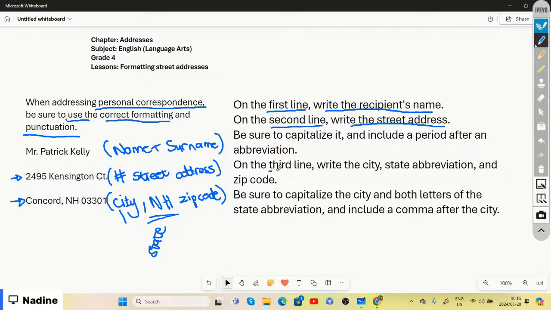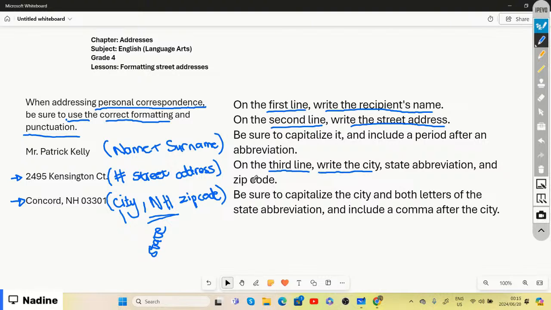On the third line of writing an address, you need to write the city that you live in. So remember, in the second line we wrote the street address, which is the house number as well as the road name or the street name. Now we need to write the city that we live in.